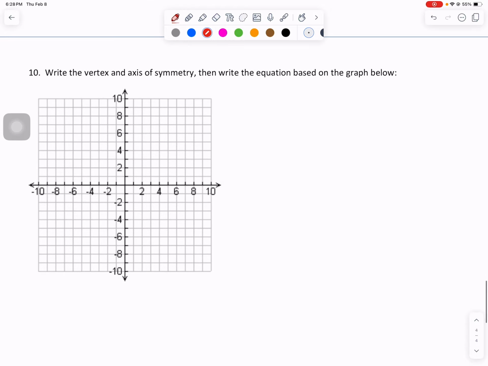And for number 10, it says, write the vertex and axis of symmetry, then write the equation based on the graph below. Since I simply forgot to, we will draw on our own. I think that works.